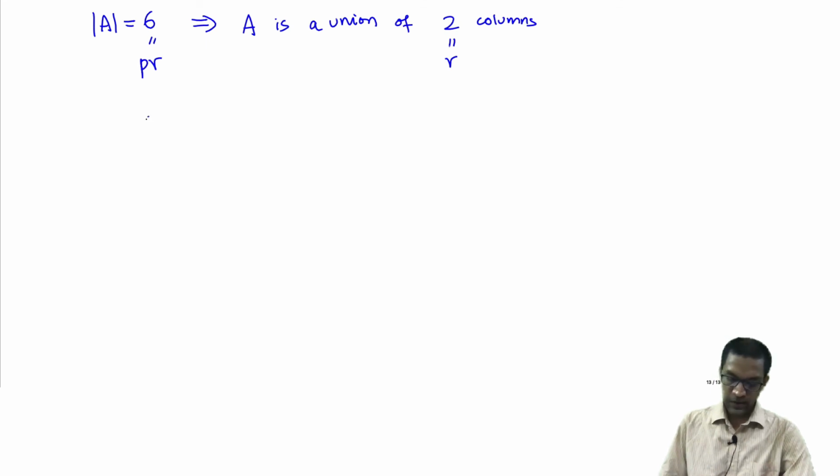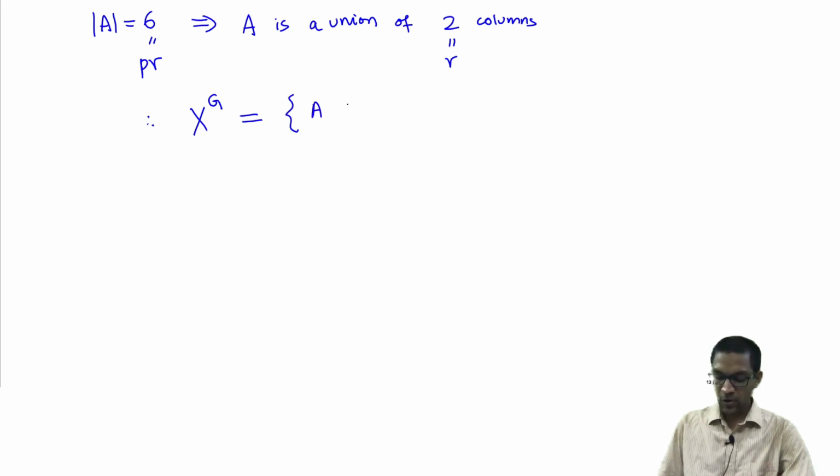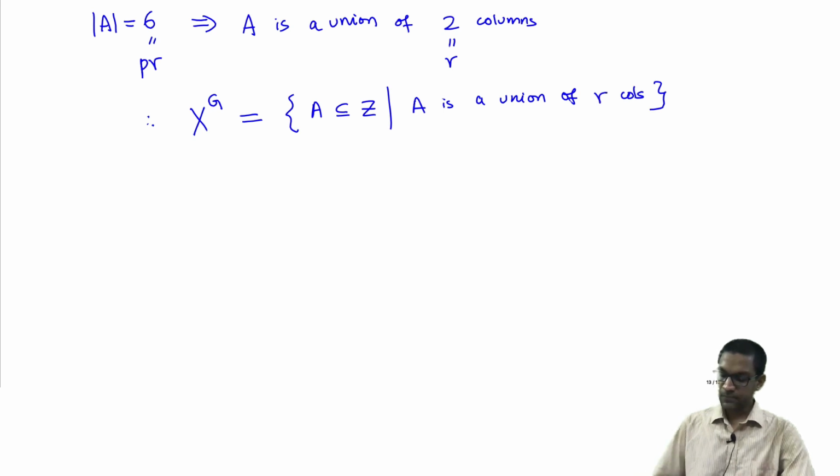So therefore, what have we concluded? What are the elements of the fixed point set? Well, it's all those subsets of Z such that A is a union of some 2 columns of the grid. Like I said, in general, it's r columns of the grid. Well, what does that mean? How many different A's can you choose?